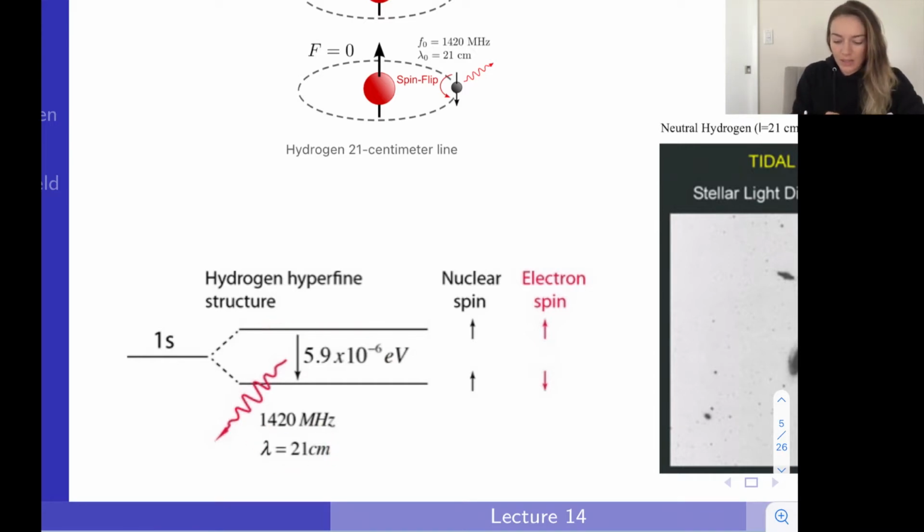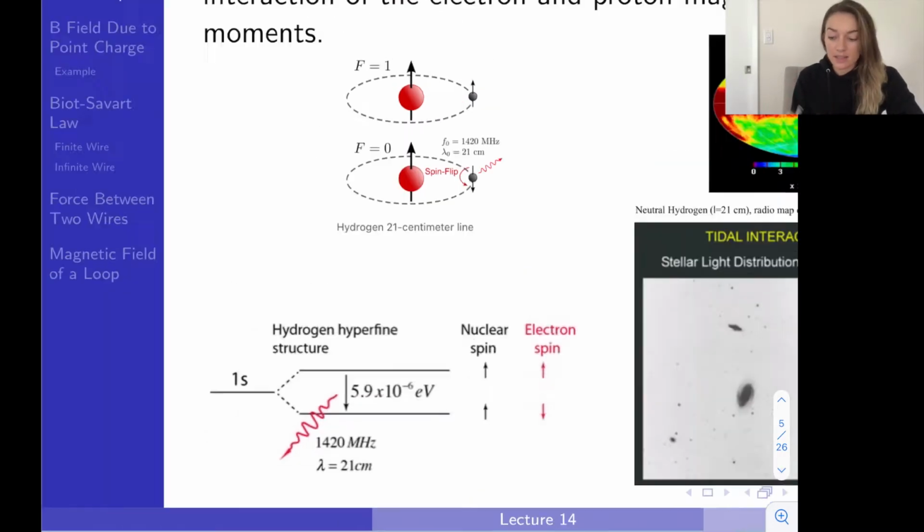So when you have an electron that jumps from this sublevel down to this sublevel, it will emit a photon with a wavelength of 21 centimeters. And we can look for that with our telescopes. We can look for this photon of this wavelength, and that will tell us about the structure of galaxies.